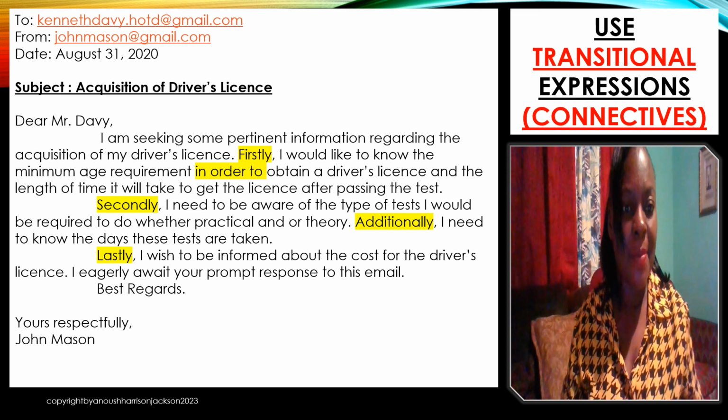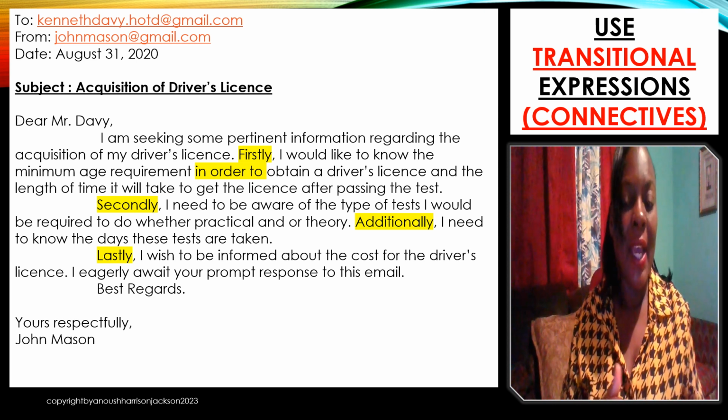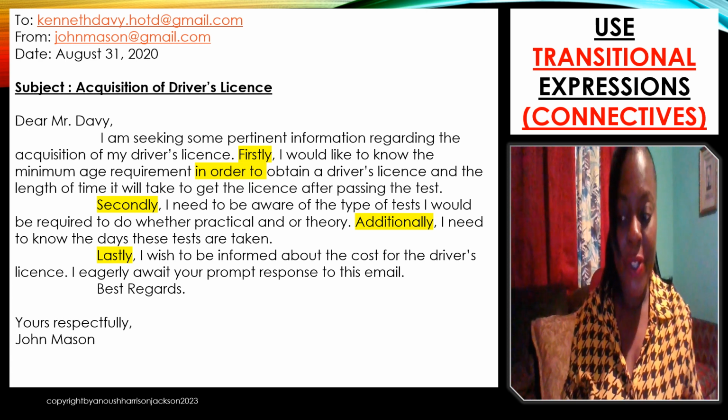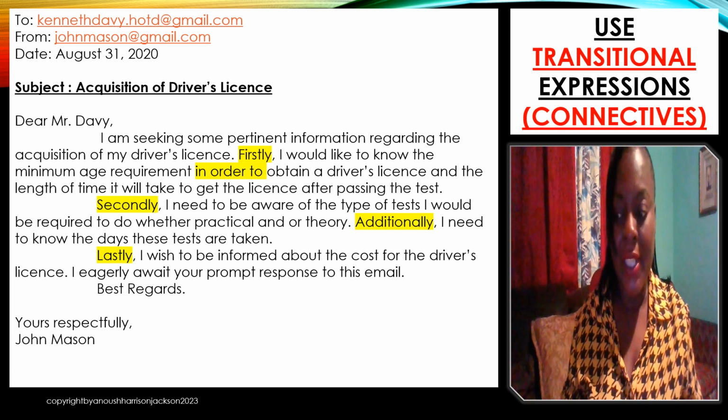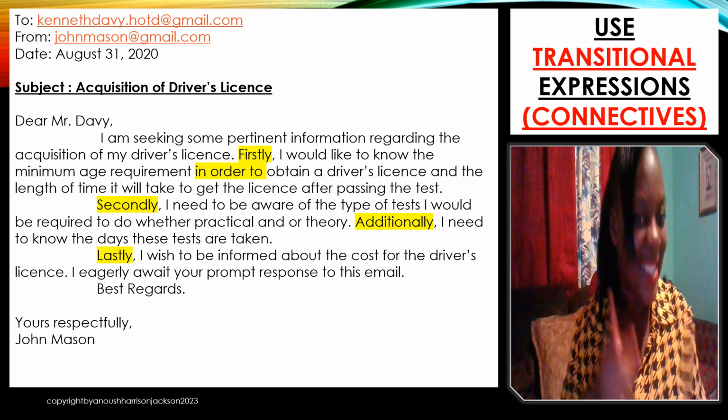Now, transitional expressions are called connectives, and what they do is that they will join sentences together, and they are able to join words, phrases, clauses, and sentences together, and so your writing will flow in a sequential manner. And so you would have seen in this response that there are several transitional expressions that were used. These are firstly, in order to, secondly, additionally, and lastly. And this of course will allow your writing to be in continuous prose.